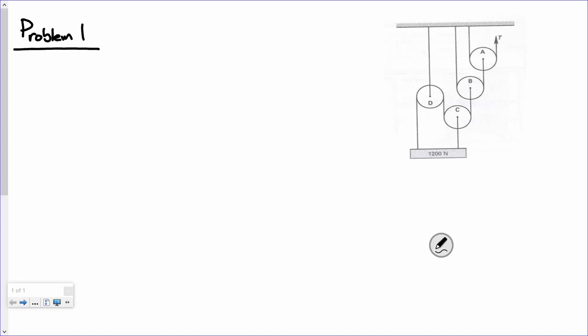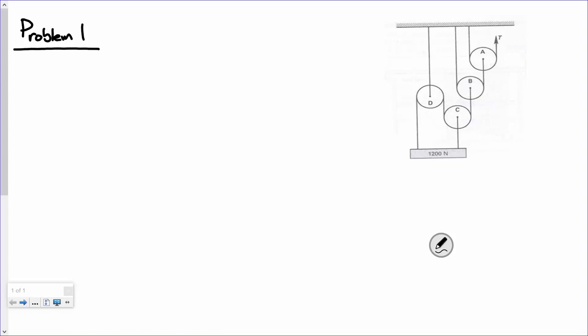Okay, so I'm going to take each pulley one at a time and see if I can determine the force inside this system. I'm going to start off with where my hand would be if I was on this system. The idea is I'm going to pull on this rope.